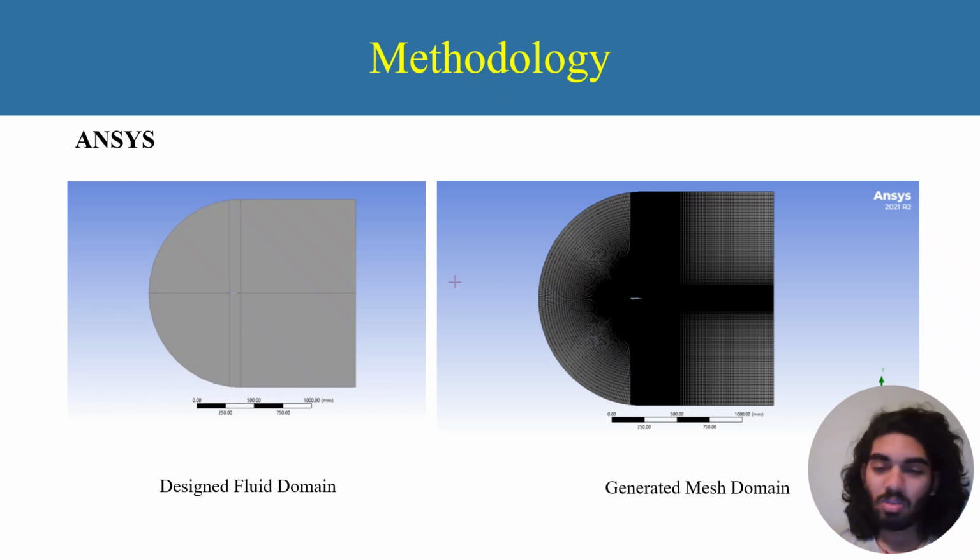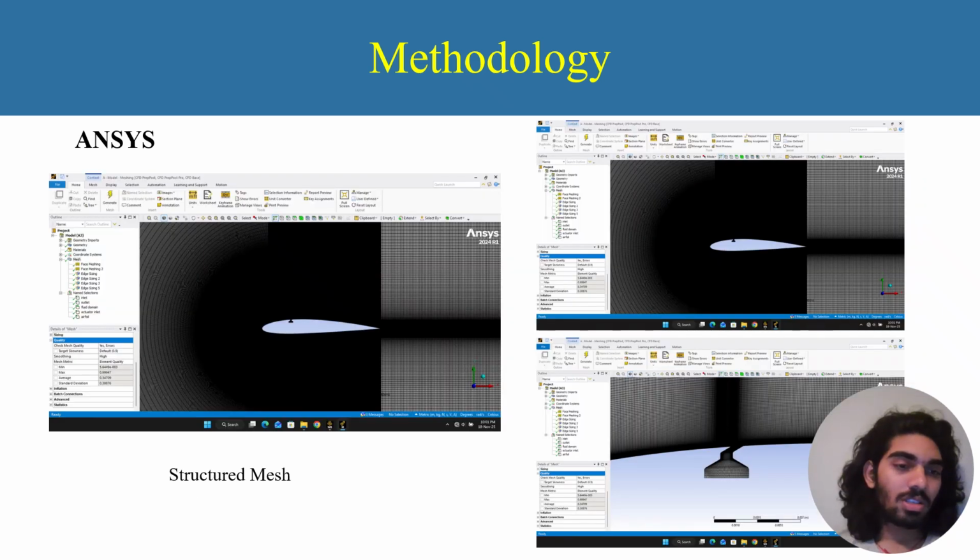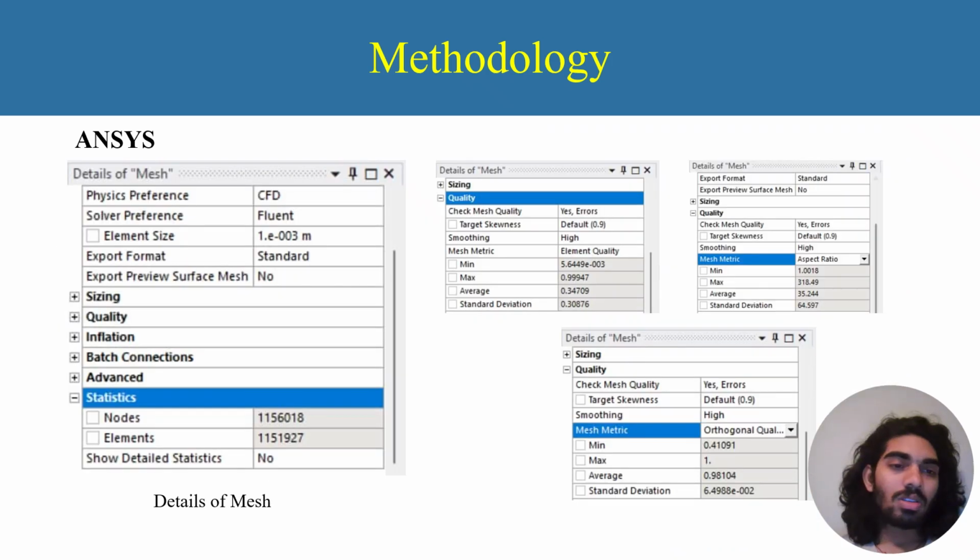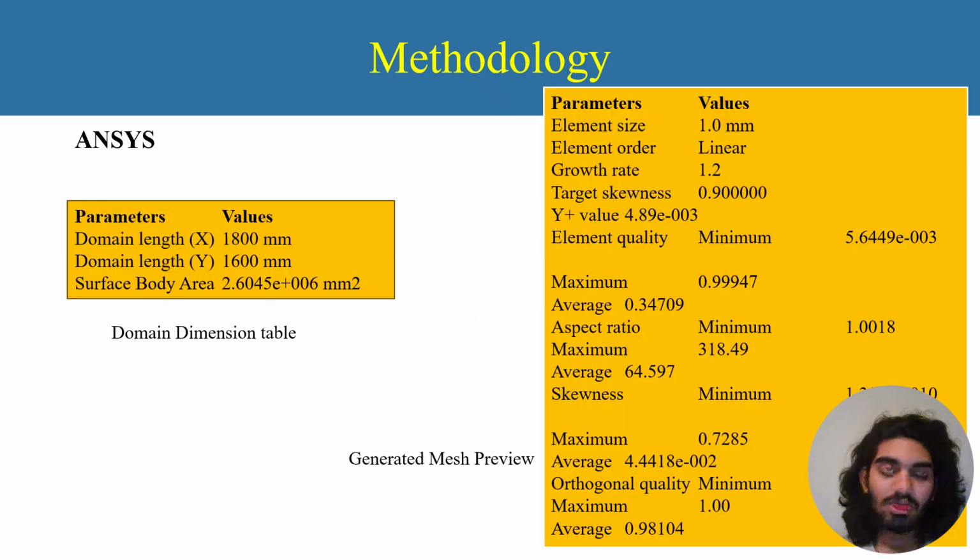You can see I gave the bias factor, and here I gave a very fine number of divisions. That's how I got the structured mesh. This is a close look of that. This is the domain dimension, and these are my mesh regions.